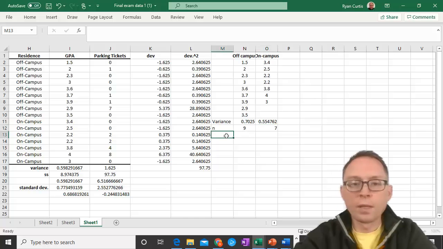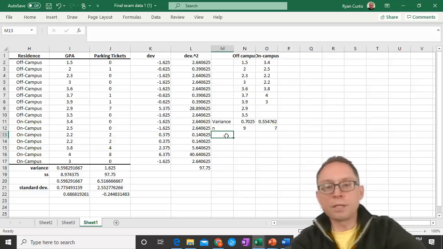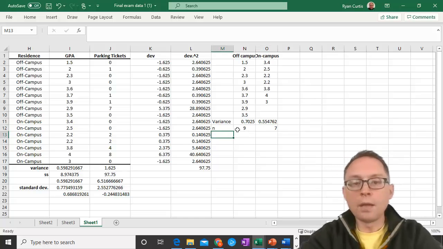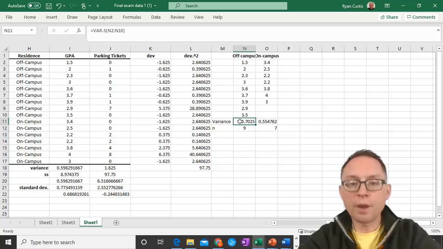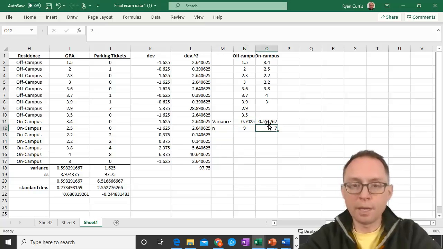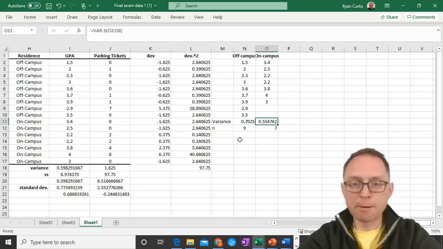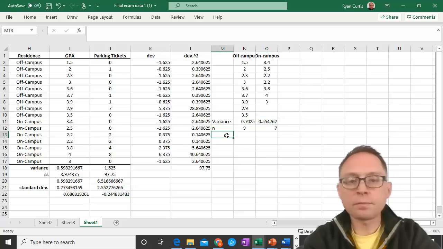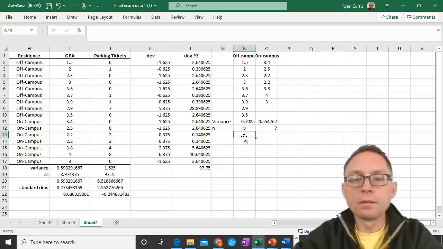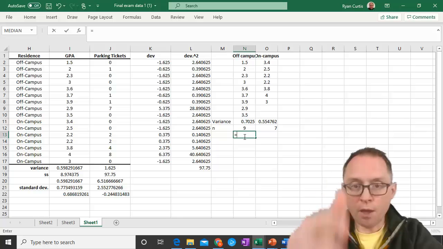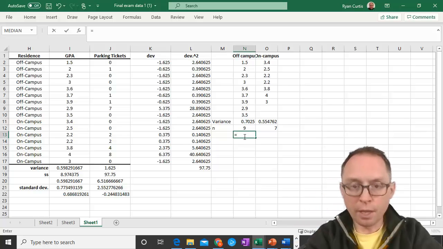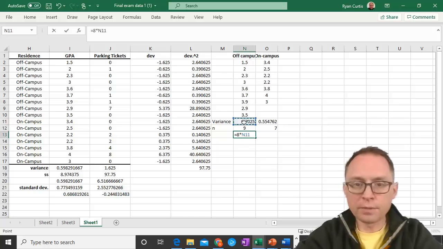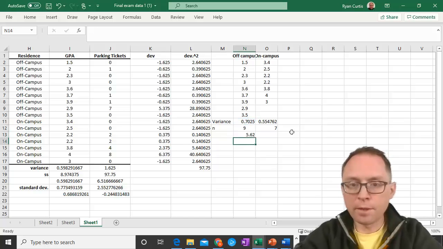group. Okay, so the way you do this is you take n minus 1 times the variance plus n minus 1 times the variance. All right, so I need 8. So this is going to be n minus 1 times the variance for off campus. So this is going to be n minus 1, which is 8, times the variance right there.